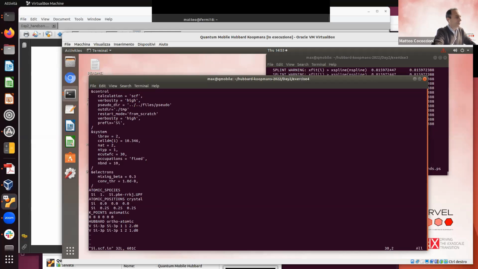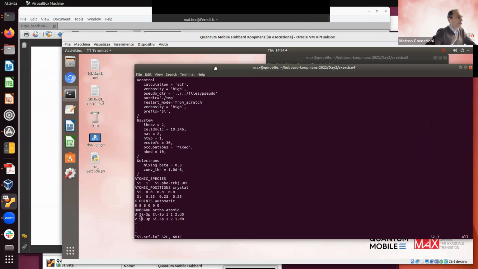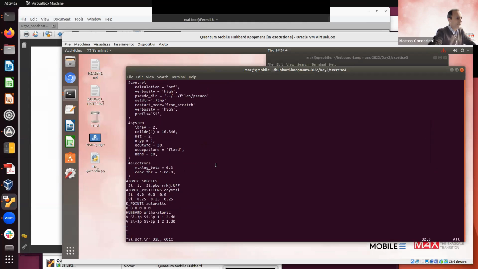Okay, so the input file is already set up for a DFT plus U plus V calculation. And you can see that here, okay? We can run this calculation directly. It will be very, very fast.